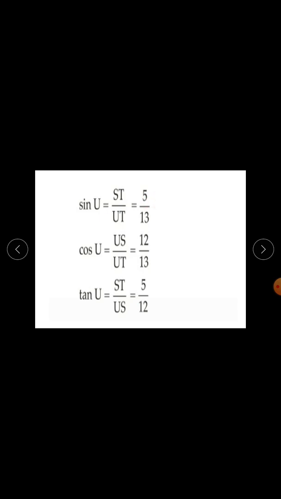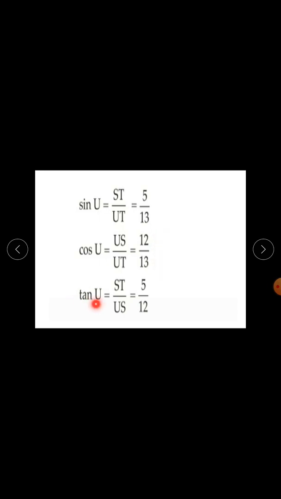So substitute 5 and UT is 13. So sin U equal to 5 upon 13. Cos U means adjacent side upon hypotenuse. So US upon UT. The value of US is 12. So substitute here 12 and the value of UT is 13. So cos U equal to 12 upon 13.